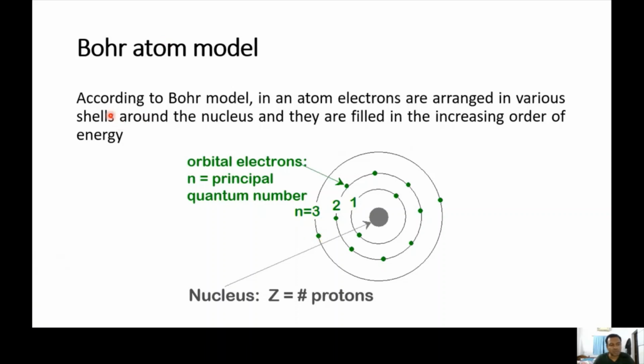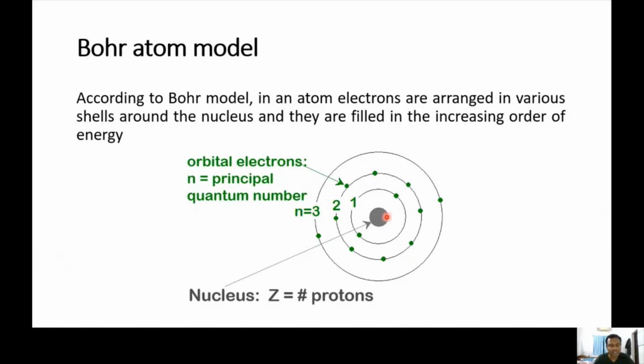In the Bohr atomic model, electrons are arranged in various shells around the nucleus, and they are filled in the increasing order of energy, as shown in the figure, like in a planetary system, where planets revolve around the sun. Here, electrons revolve around the nucleus.